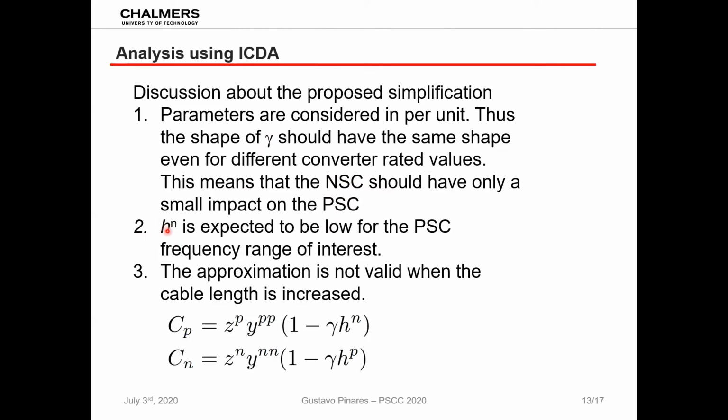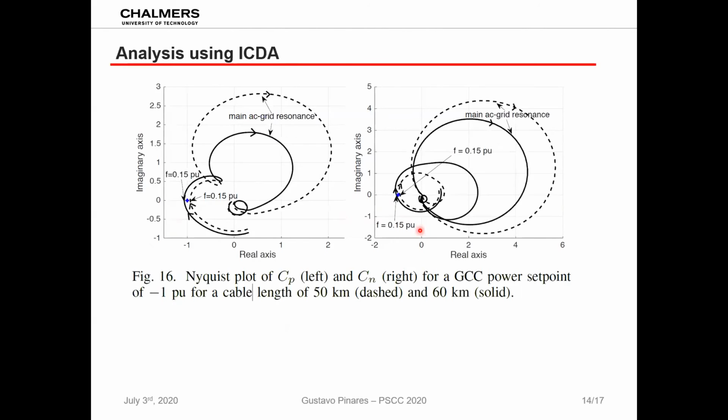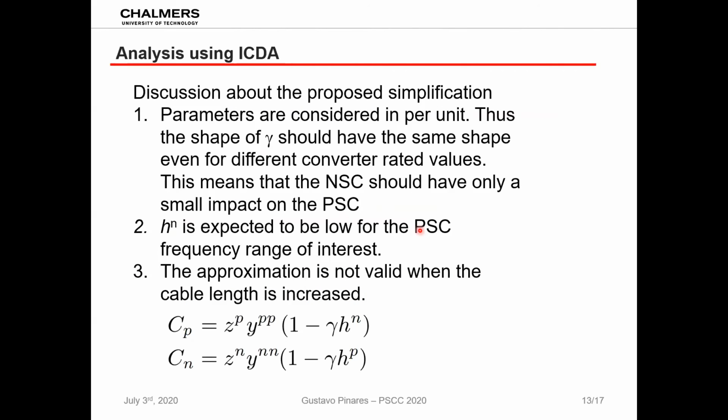This term is also expected to be low, the term Hn for the positive sequence channel, in the frequency range of interest. So then we can say that there will be small impact from the negative sequence channel in the positive sequence channel.